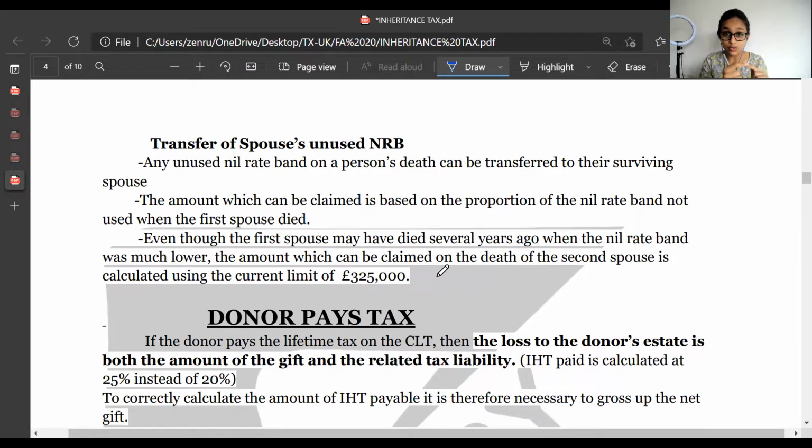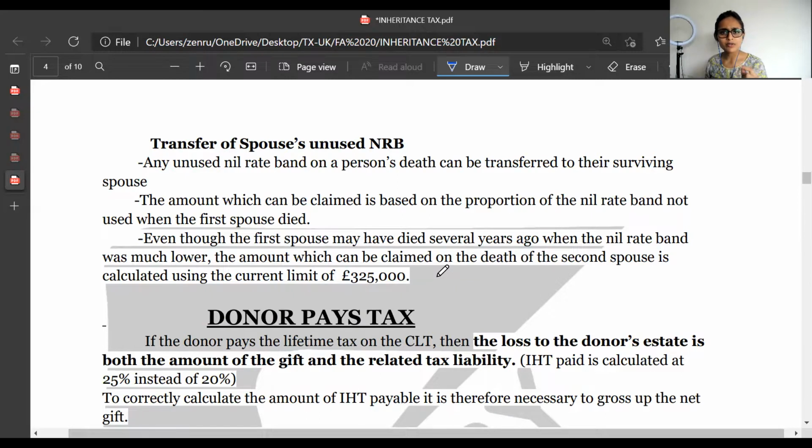If there's any unused nil rate band, they get to use that in the newer rates. Like if when the other spouse died, the nil rate band was 312,000 and he or she used only 40%, then when this spouse takes the unused nil rate band, it's not going to be 60% of 312, but 60% of 325 unused nil rate band.